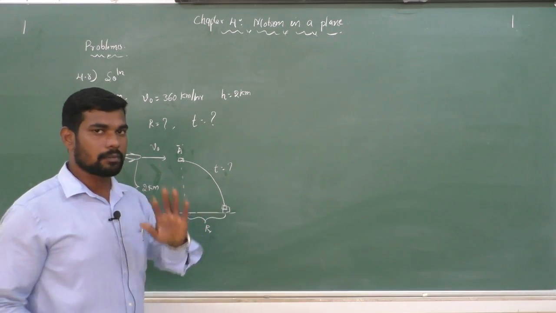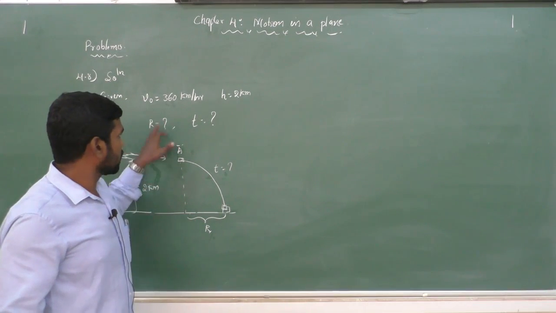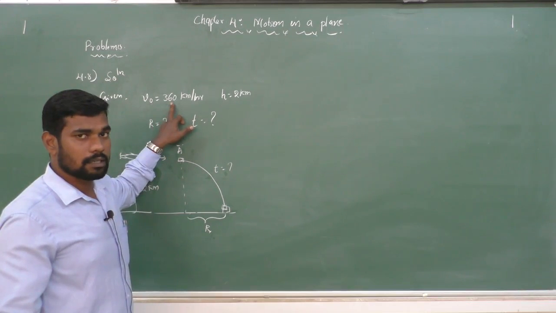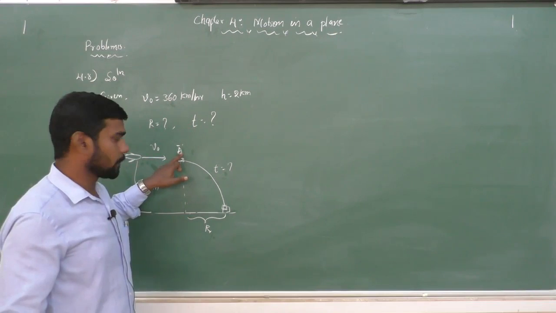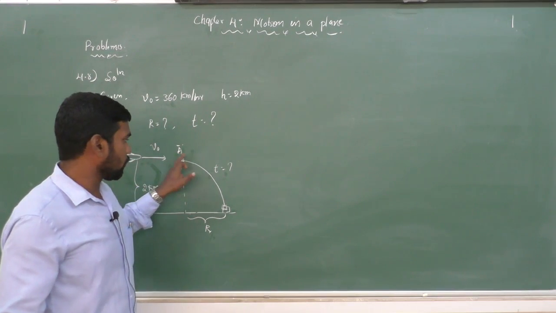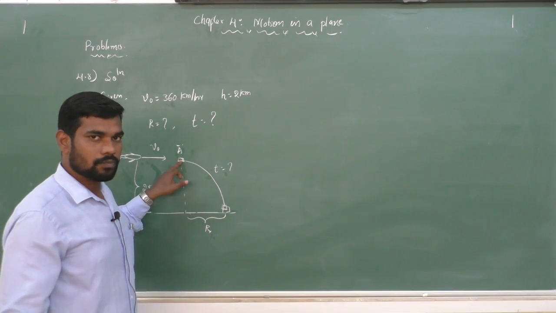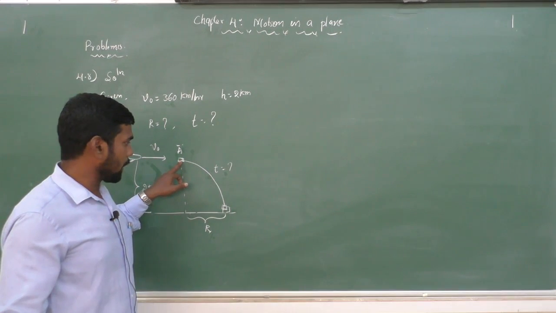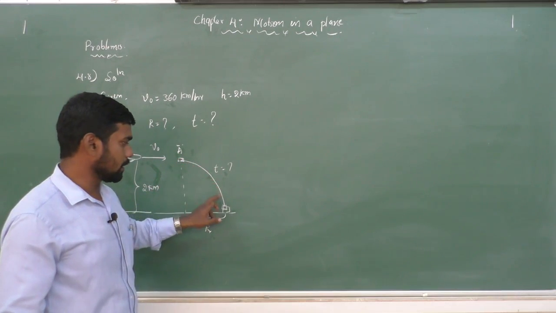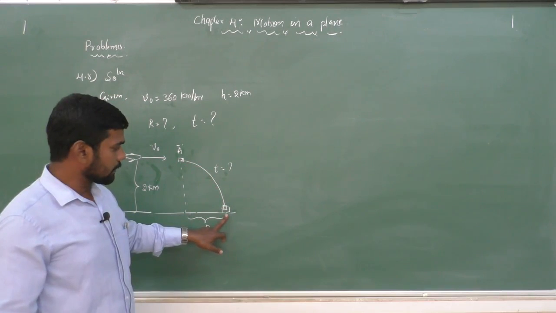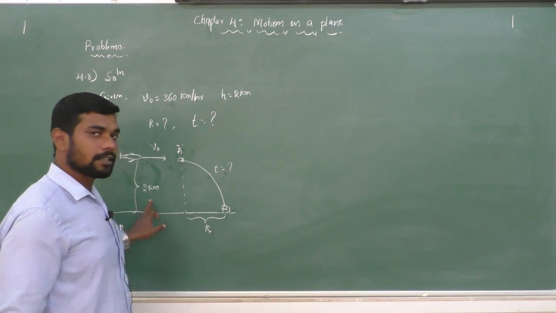Clear my point? Again I am going to summarize. The aeroplane is moving with a velocity of 360 km per hour. When it reaches some horizontal point A, it drops the food packet. The food packet moves in a parabolic trajectory and reaches the ground, from a height of 2 km.